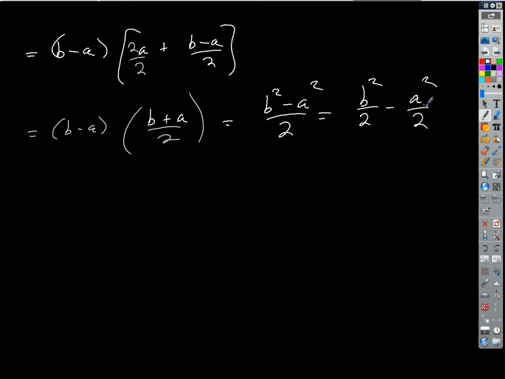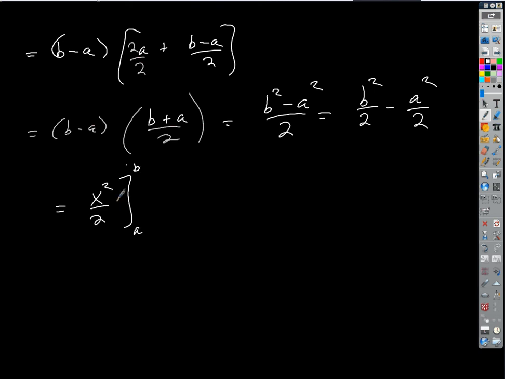So we could write this as x squared over 2 evaluated from a to b, which is a new notation for you, but this means this expression evaluated at b, minus this expression evaluated at a. Why would you give the subtraction part?